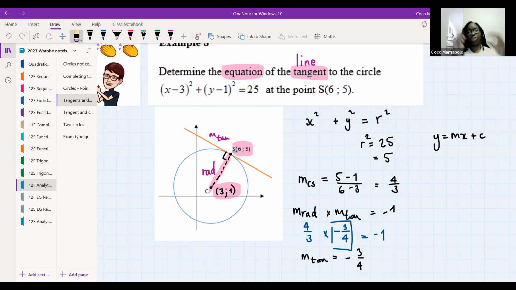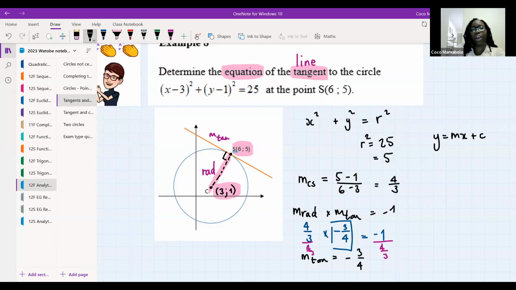I just feel like when we just do the reciprocal and then put a minus sign, it makes it a little bit easier. But if you would like to, you can divide by 4 over 3, and then over here also divide by 4 over 3, and then that would just invert and give us what we're looking for.